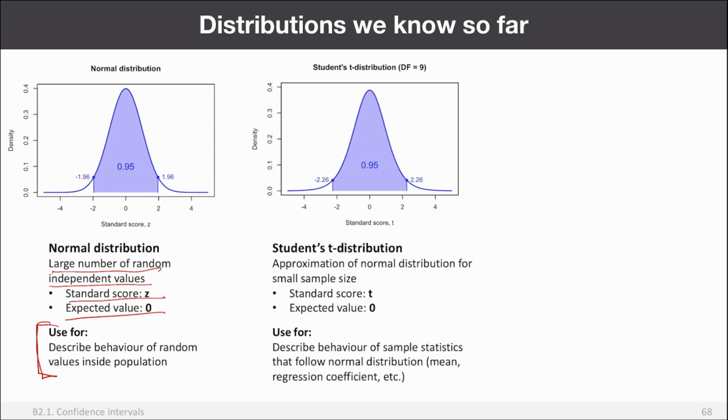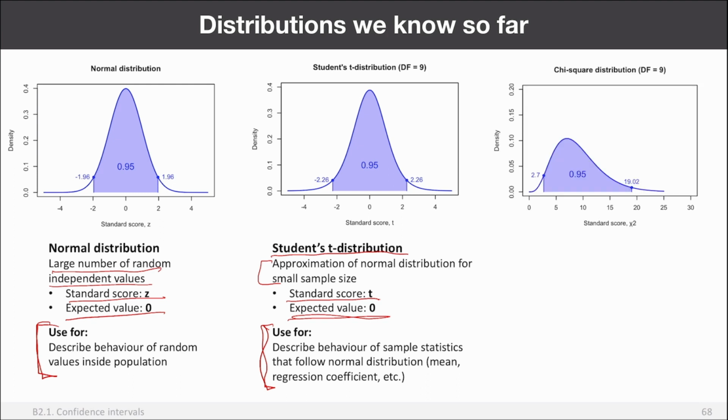We have Student's t distribution, which is an approximation of the normal distribution for small sample size. The standard score is t, and the expected value is also 0. We use it for describing the behavior of sample statistics which follow a normal distribution, like average, regression coefficients, and so on. We cannot use the normal distribution because we don't know the population parameter, so we use the t distribution as an approximation if the sample size is small.